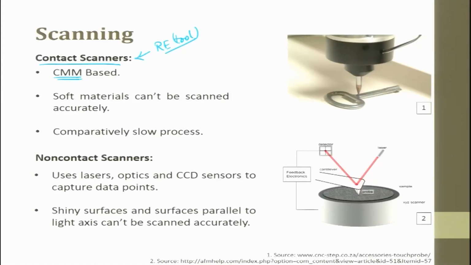And if you do not want to use a CNC machine, you want to use an original machine where you do not want to touch and give all those electrodes and all, then what we do is we convert the CNC machine into a coordinate measuring machine. This is a coordinate measuring machine. Okay. This is a CNC machine wherein the tool is now a probe.